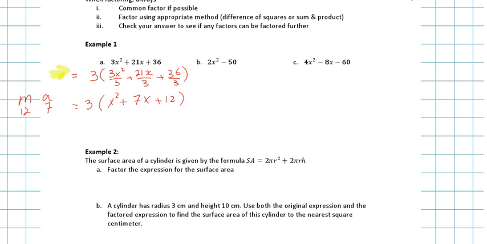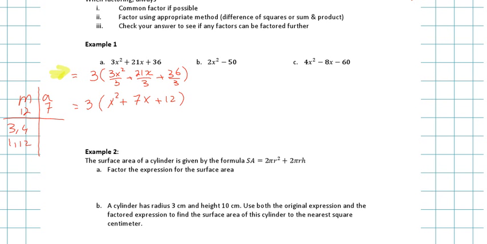What 2 numbers multiply to 12? 3 and 4. What else? Remember that because b and c are both positive, both my factors are positive. So 3 and 4, what else? 1 and 12. Did I already find my answer? Yes.